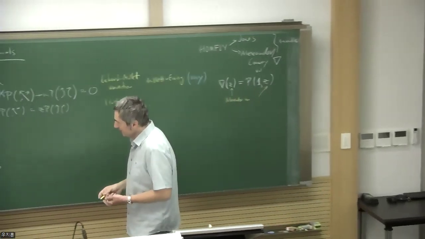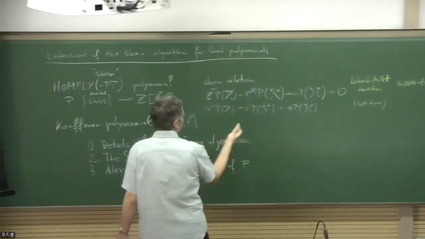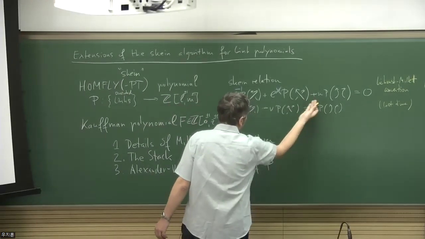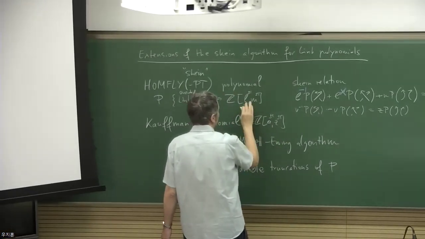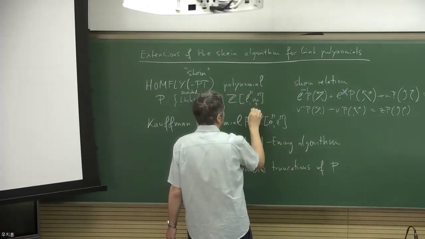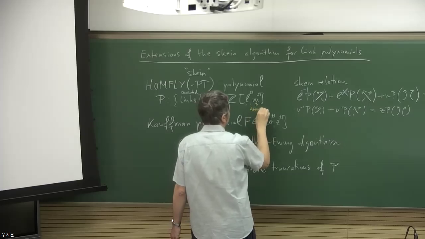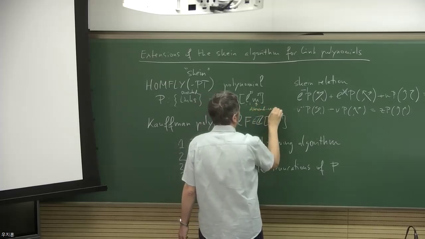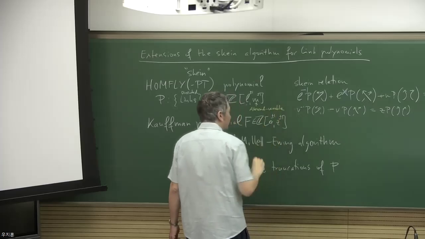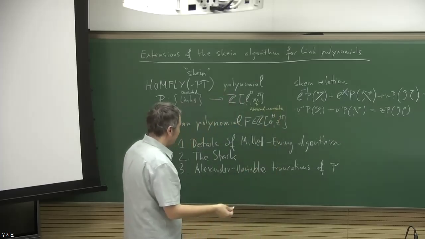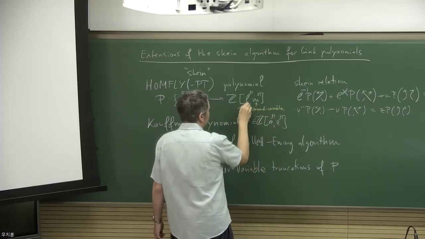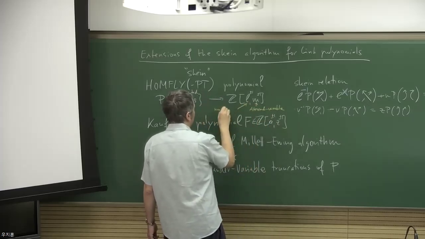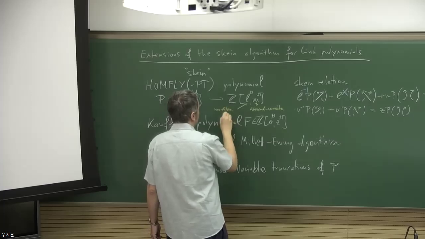For this same reason, z more or less plays the role of M here and V plays the role of L. So the variable M is called the Alexander variable. The variable that gives the Alexander polynomial when you substitute, and the other variable, I call the non-Alexander variable.